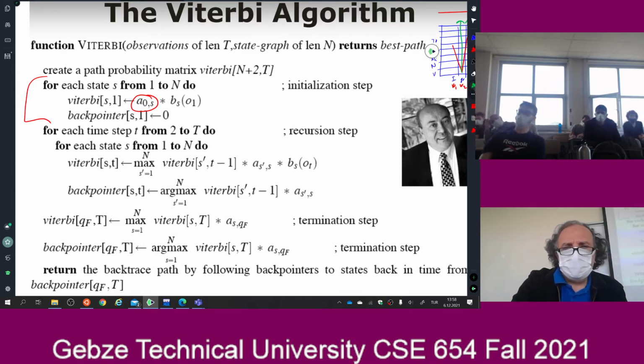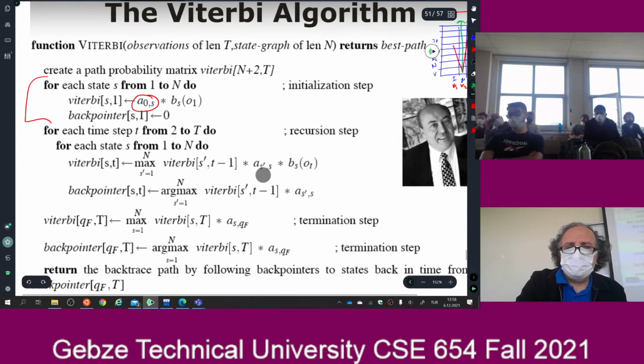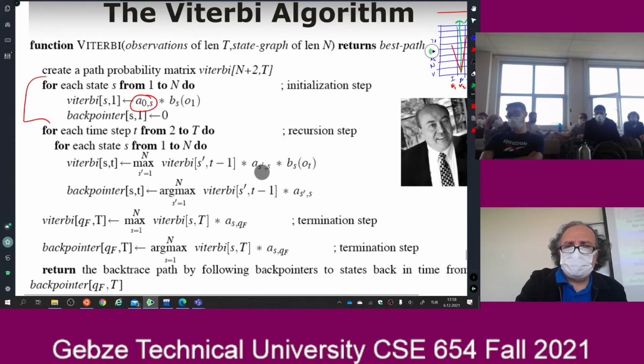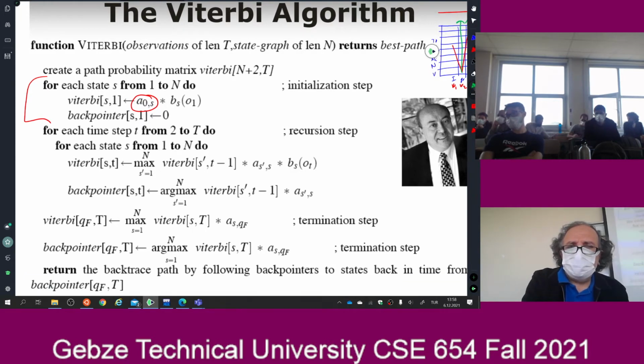Look at all the values in the previous column. From any of them, calculate the transition probability times this observation probability. Whoever makes this largest, choose that value. So that's what I do.